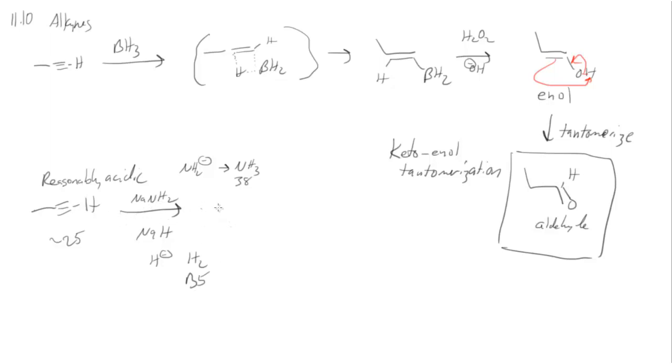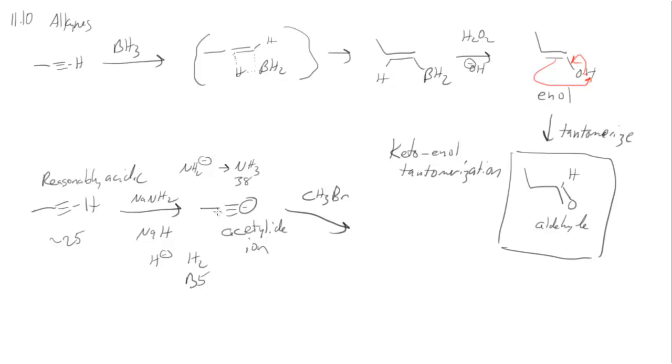So what happens is we form this anion. We call this an acetylide ion, which now we can react with something else. And one of the things that we can react it with is an alkyl halide.